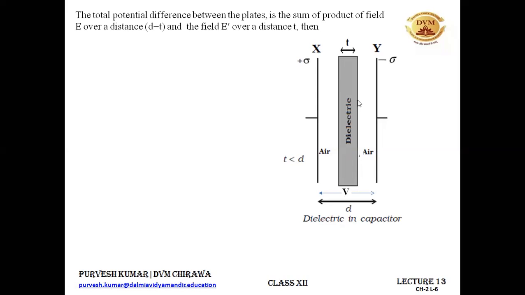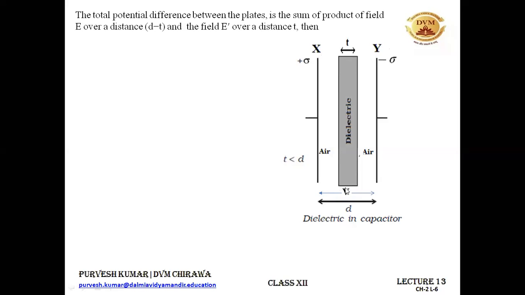See this, earlier when no dielectric slab was there, we calculated the potential difference V, that is equal to E into d. That is, this potential difference V is equal to the electric field acting over a distance d. When you multiply the electric field with the distance, you get the potential difference.